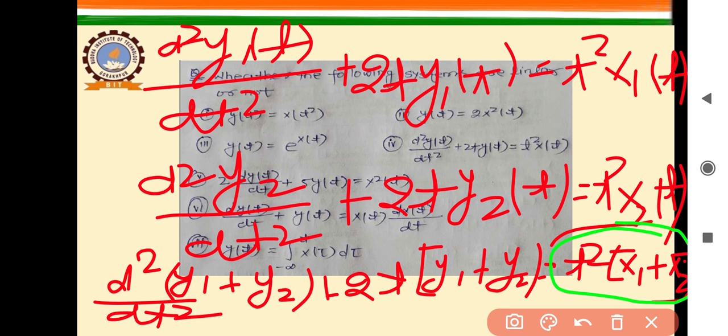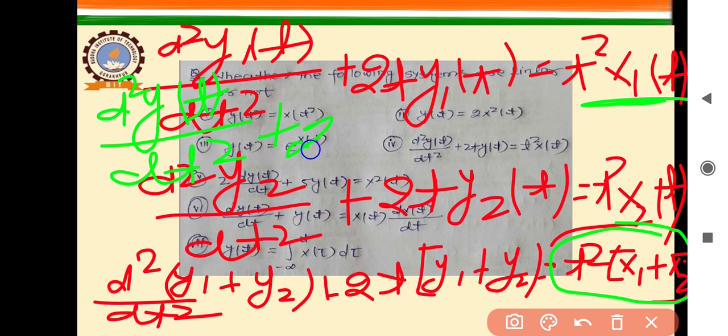Then the equation will become d2 y(t) by dt square plus 2t y(t) is equal to t square (x1 plus x2).